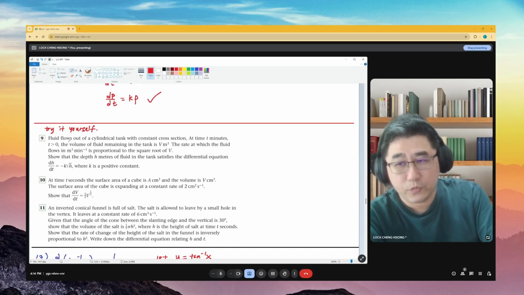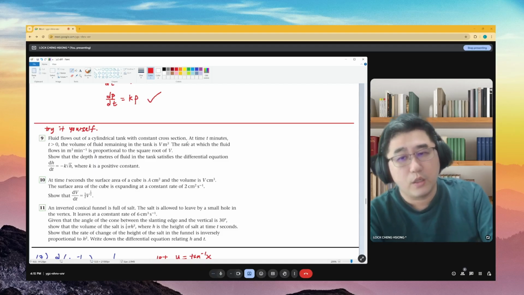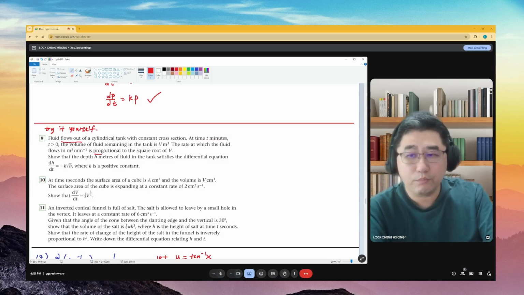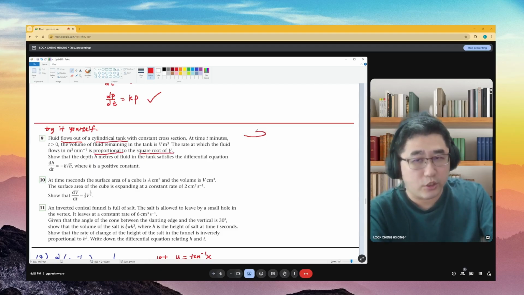Question 9. Fluid flows out of a cylinder tank with constant cross section. At time t minutes, the volume of the fluid remaining in the tank is V meter cube. The rate at which the fluid flows out, in meter cube per minute, is proportional to the square root of V. So the flow out gets smaller and smaller.